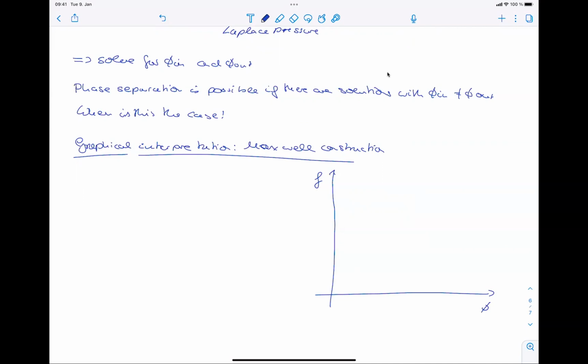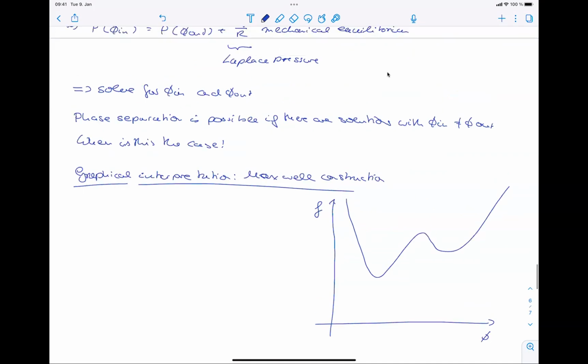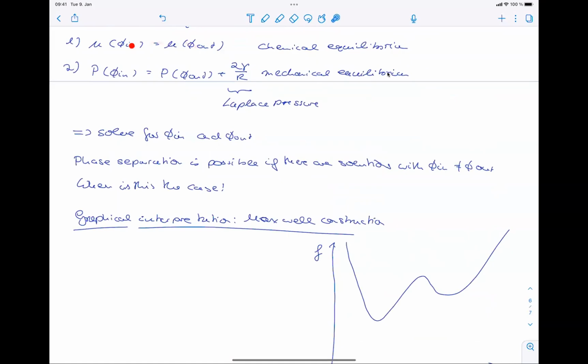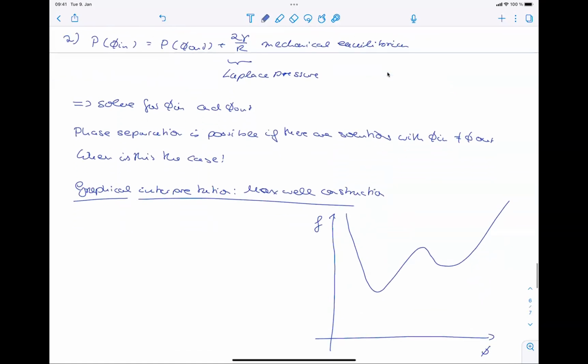And here now I will consider a free energy where I have a curve like this, symmetric, something like that. Now we can look at the two conditions that we derived, in terms of the free energy.